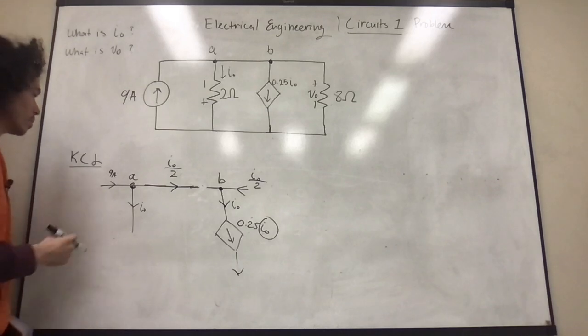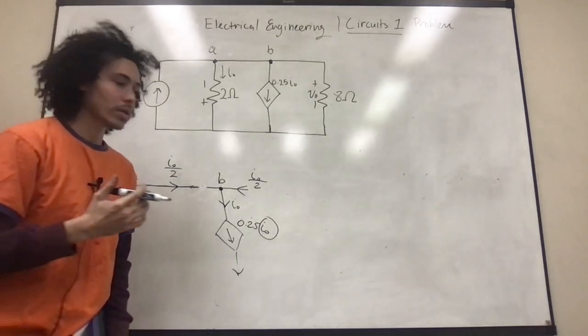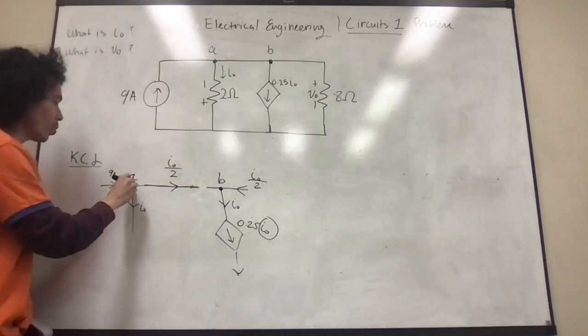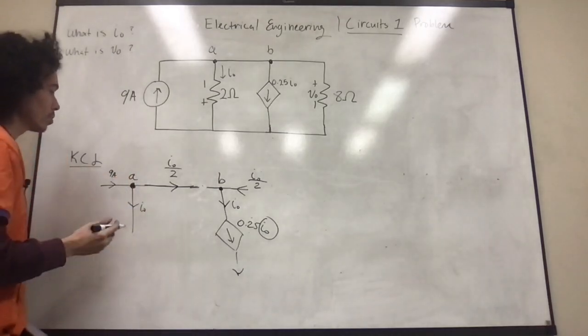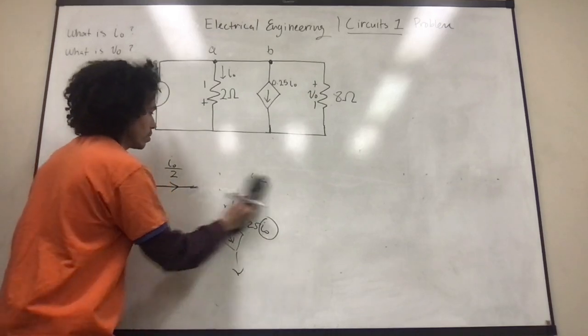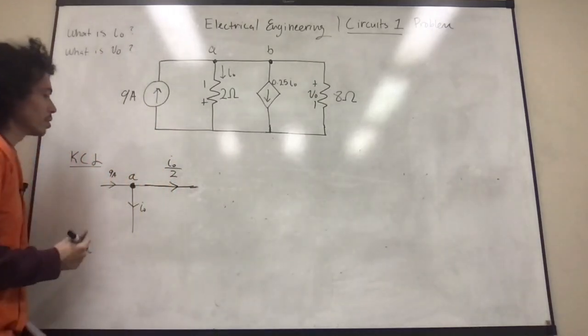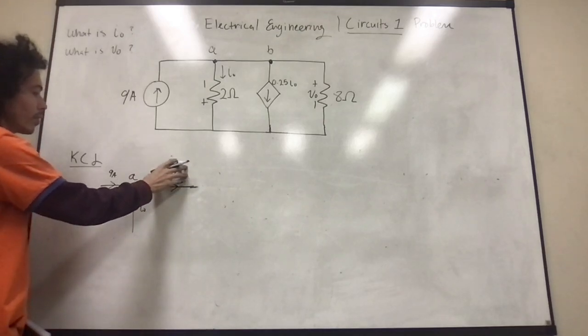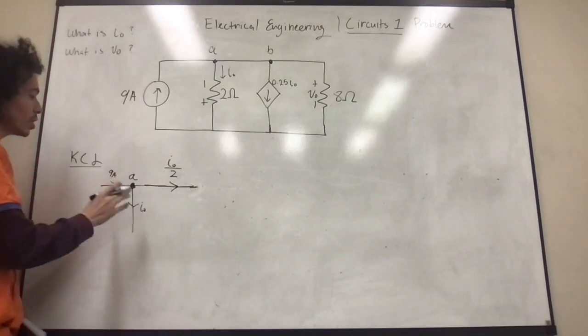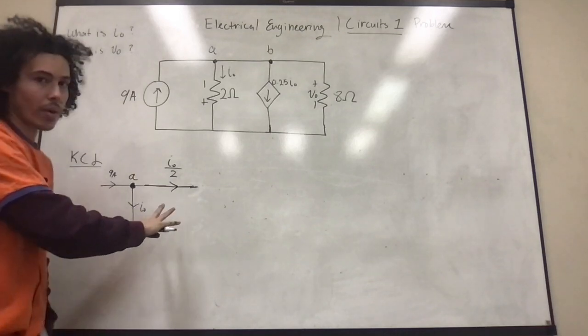And so, when you use Kirchhoff's current laws to examine one node at a time, what you need is, of course, one node. You need some value of its outputs, and you need to know how much current is going in and how much current is going out.